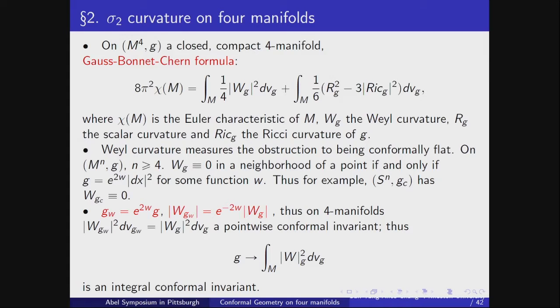That means when the Weyl curvature is identically equal to 0, like in the Euclidean case, then in a neighborhood of the point, the metric is conformal to a flat metric. So it measures how flat the manifold is. For example, the sphere and Euclidean space R^n all have vanishing Weyl curvature.